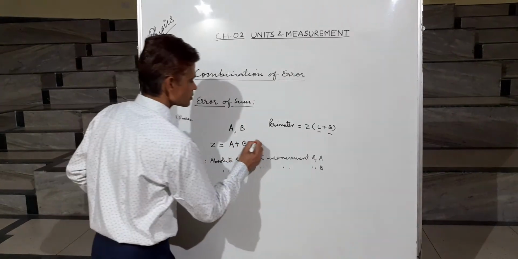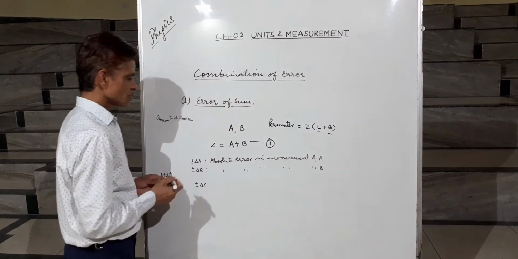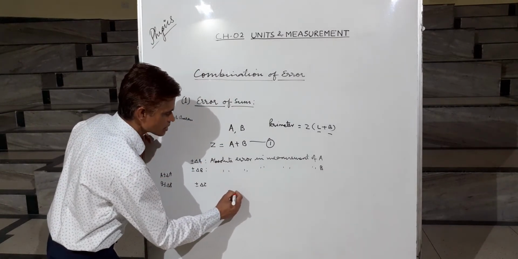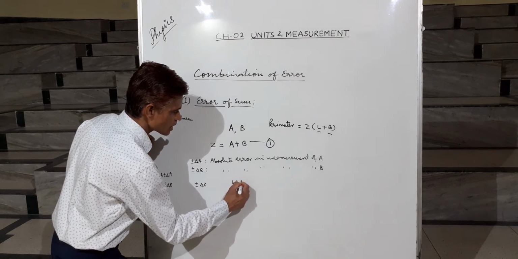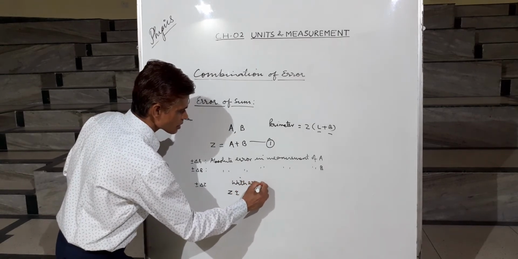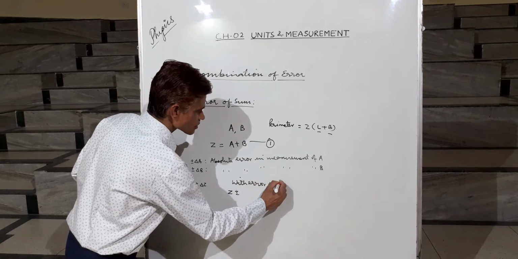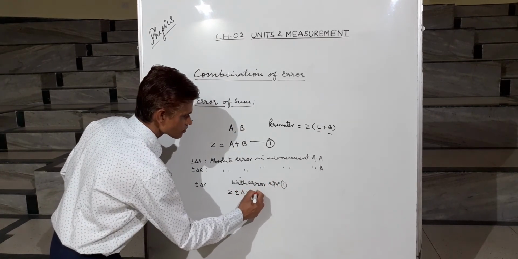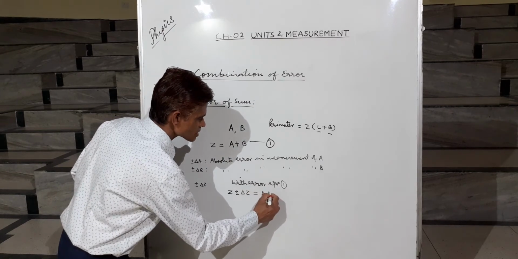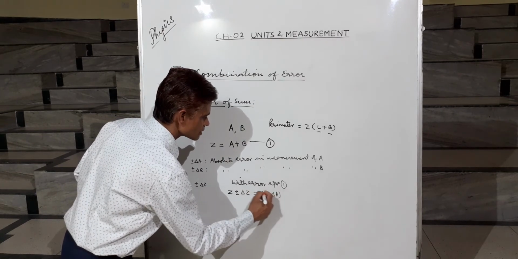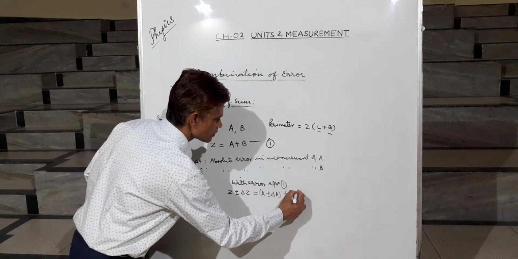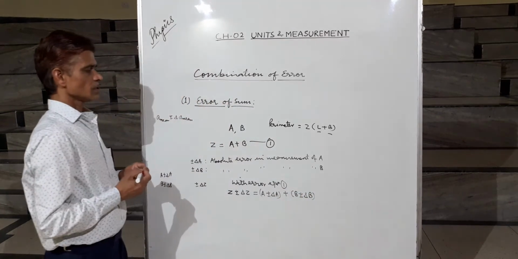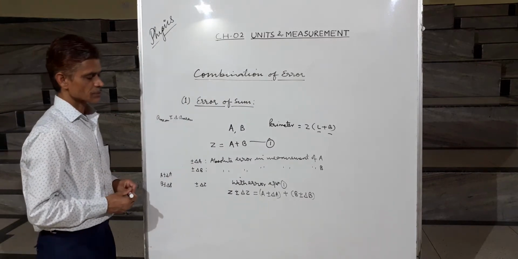So let us write this equation, Z with errors. Equation 1 can be written as Z plus minus delta Z equals A plus minus delta A plus B plus minus delta B. Now let us solve this.